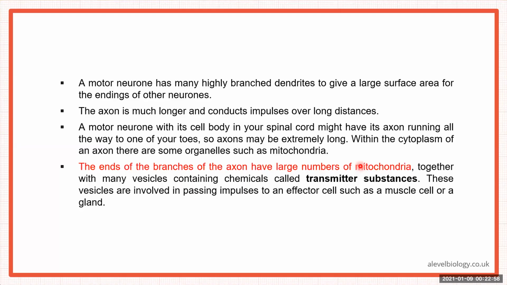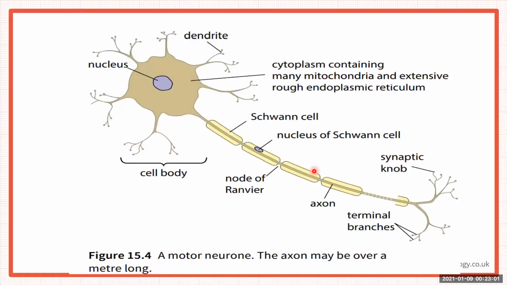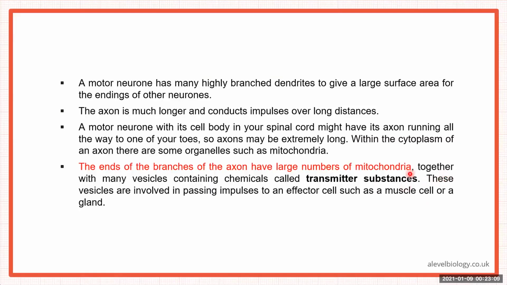So these mitochondria are found along the cell body as well, and a lot of mitochondria are found here at the terminal branches as well. Together, these mitochondria, along with the vesicles which contain a neurotransmitter, are involved in passing impulses to the effector cell, which can be a muscle or a gland, right?